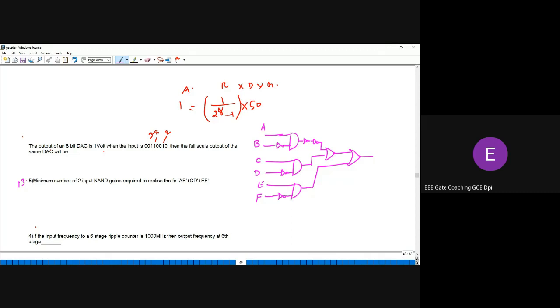With a NOT gate. Because here also I can draw a NOT gate.